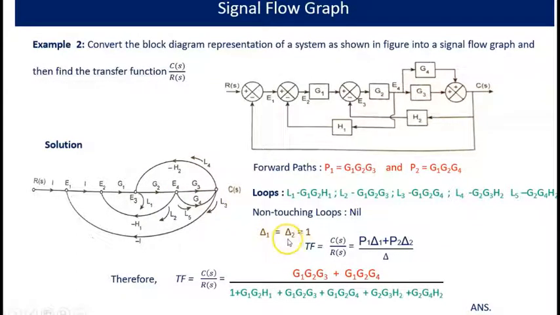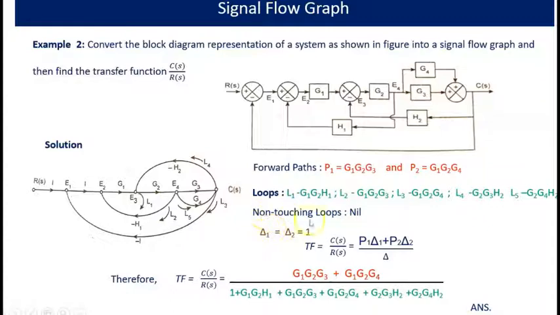Delta 1 is equal to delta 2 is equal to 1, because all the loops are touching the corresponding forward path. Therefore, the transfer function is P1 delta 1 plus P2 delta 2, divided by delta. The forward paths are G1, G2, G3 and G1, G2, G4, divided by 1 plus G1, G2, H1 plus G1, G2, G3 plus G1, G2, G4 plus G2, G3, H2 plus G2, G4, H2.